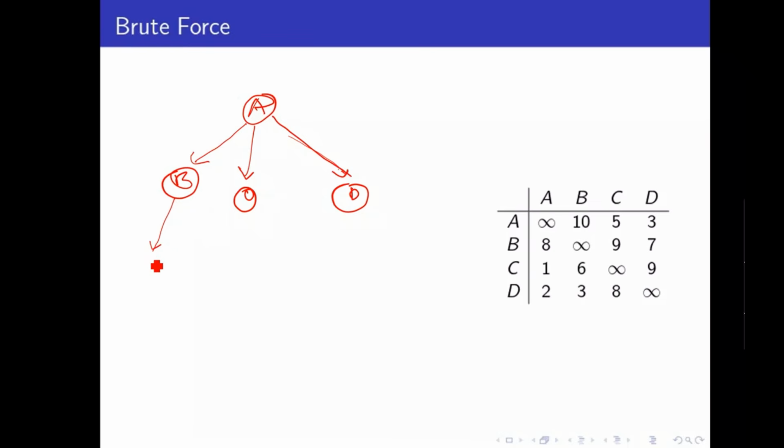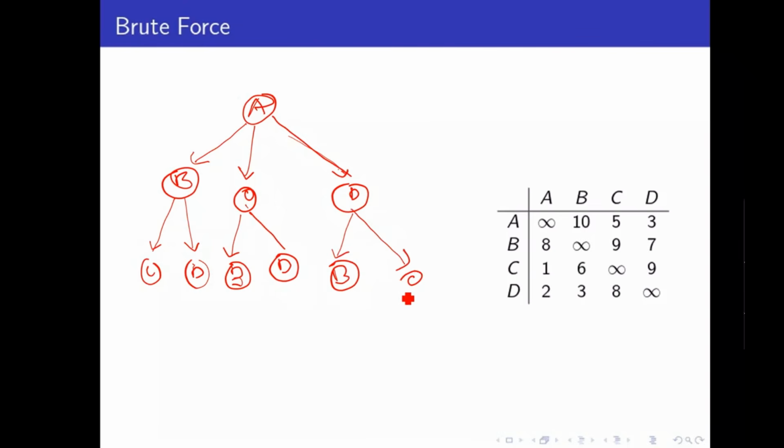So from B, we have option either C or D. From C, we have option B or D. And from D, we can go either to B or C.